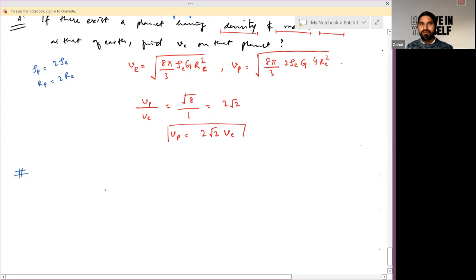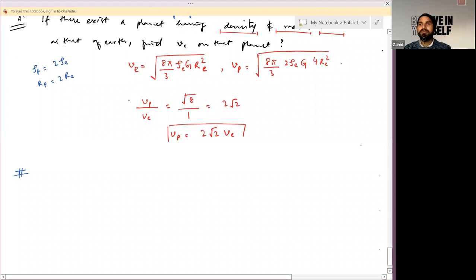So in terms of escape velocity, you can say if the escape velocity of a particular body is equal to or greater than the speed of light, then even radiation and light can't escape from that surface.